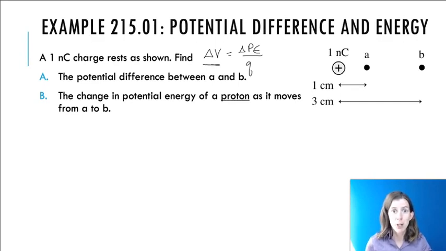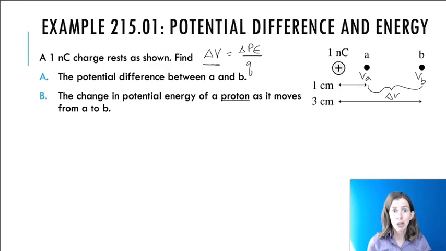Alright, so did you figure it out? What you're going to have to do is find the potential at point A, which is VA, and then VB. If you find the potential at two points, then the potential difference between the two is just the difference in the two potentials. That's all it is.